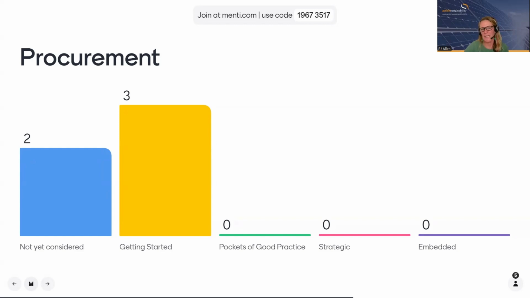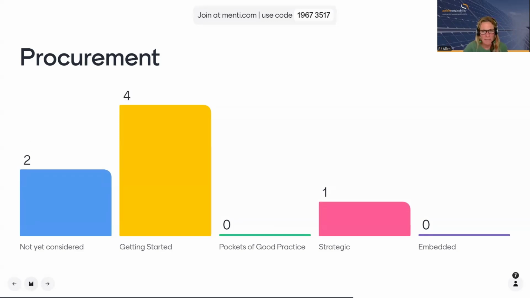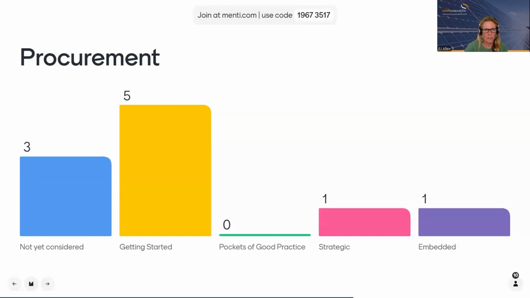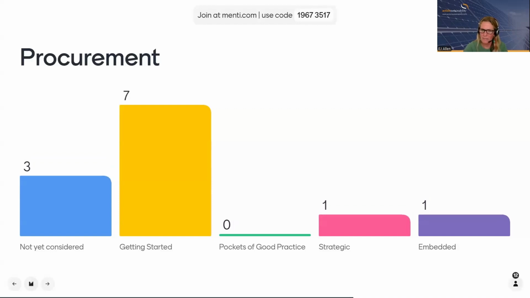Pockets of good practice. I'd say you've probably started to do some work on analysing where the risks may be, and you prioritise some key categories for modern slavery inclusions. Consequently, you've included some requirements in the procurement process that relate to modern slavery risk. For example, there might be a requirement for a high-risk supplier to conduct their own risk assessments or audits, or to pay the real living wage.